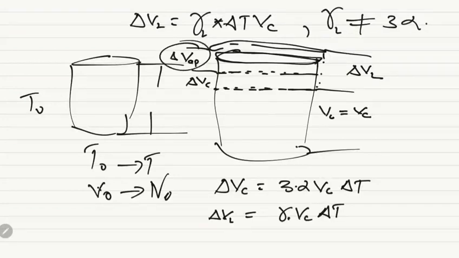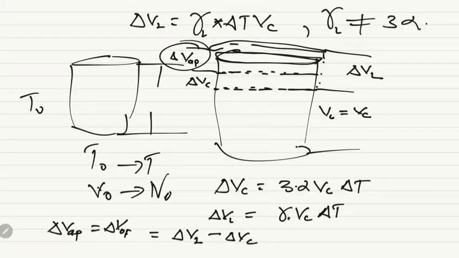Now this apparent change in volume, usually called the volume overflow, is equal to the change in volume of the liquid minus the change in volume of the container. So this is the volume apparent. Now this is equal to how much? The change in volume of the liquid is gamma times the volume at the colder temperature.